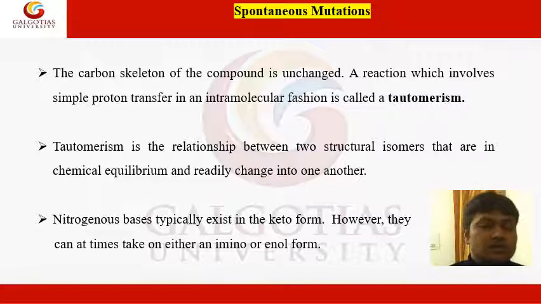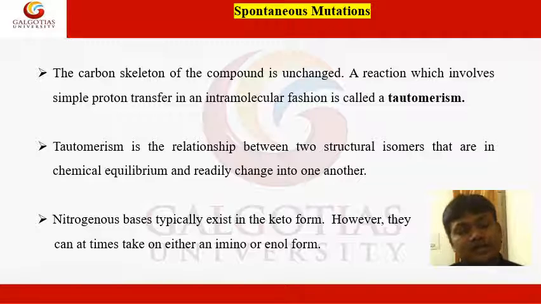Tautomerism means the relationship between two structural isomers that readily change into one another. Nitrogenous bases typically exist in the keto form and they can at times shift into the amino and the enol forms, or the imino forms.